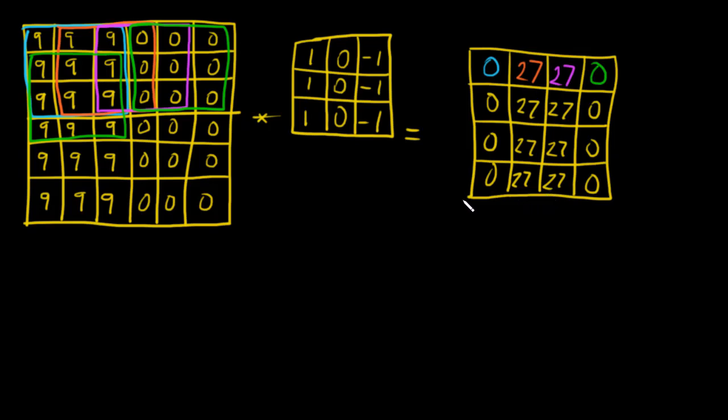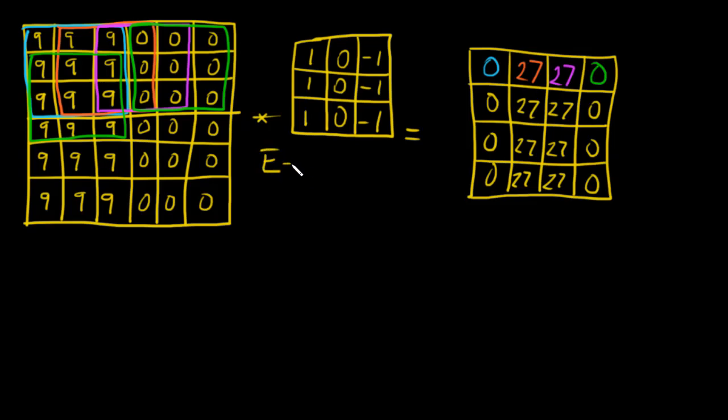Okay? Now, what has just happened? With my resulting matrix, I'm getting zeros on the edges here, and I'm getting 27s in the middle. And that has meaning. This is how it's going to pick out features, because this box right here has a very special name.